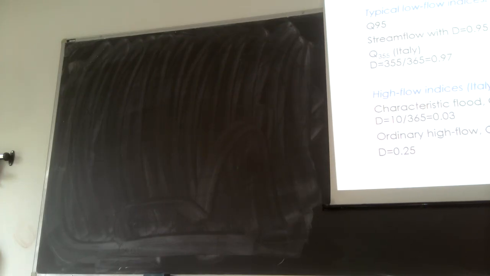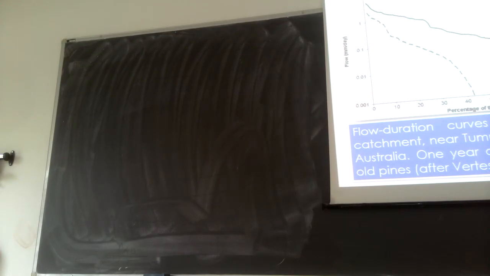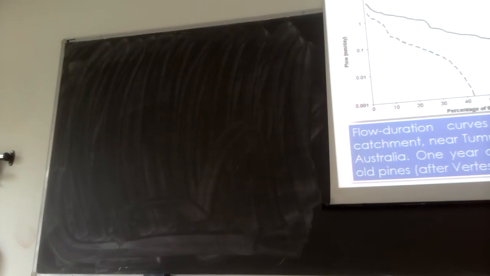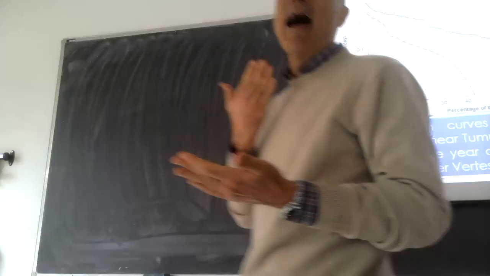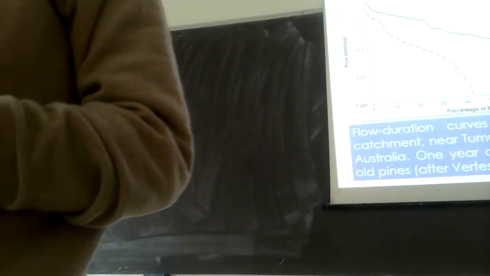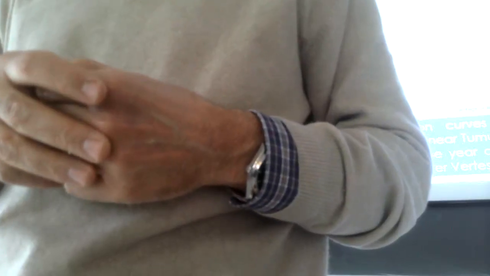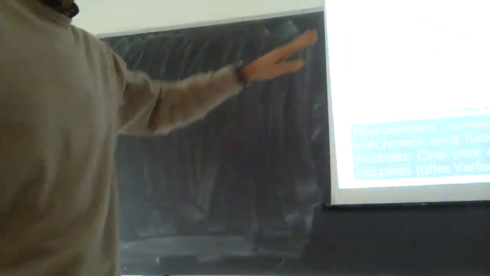Flow duration curves can also be used to have a clear representation of hydrologic change. Okay? Because the climate is changing, because the land cover is changing, the hydrologic behavior of a river may change in time, right? So what you see here is a diagram with two different flow duration curves for the very same river and very same river cross-section, and two different years.